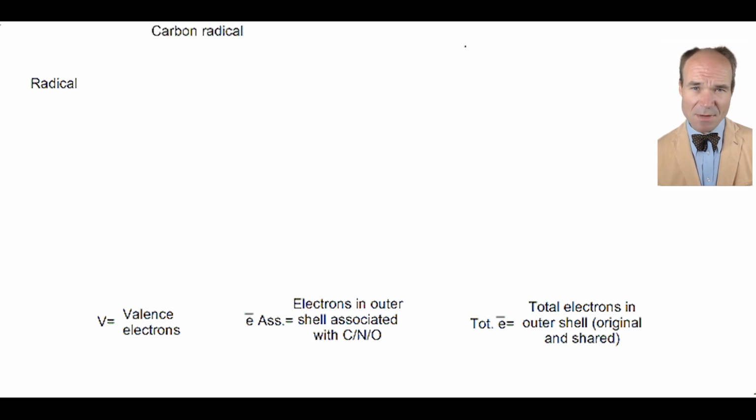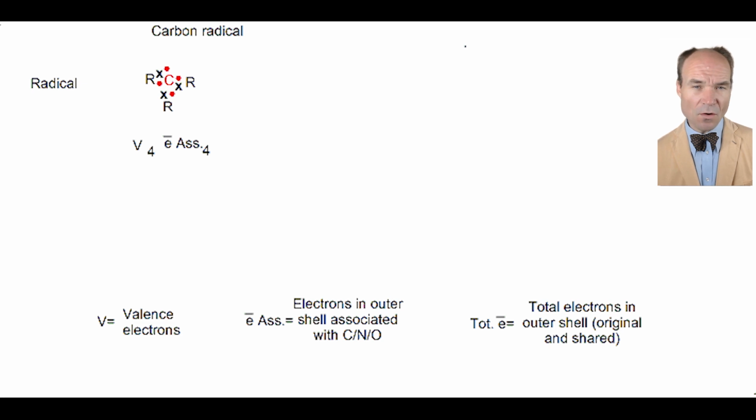Carbon radicals come about with a common tetrahedral carbon's loss of an electron associated with an R group. The carbon has 4 valence electrons, and here there are 4 electrons associated with carbon: from 6 divided by 2 equals 3 electrons from covalent bonds and 1 electron radical.